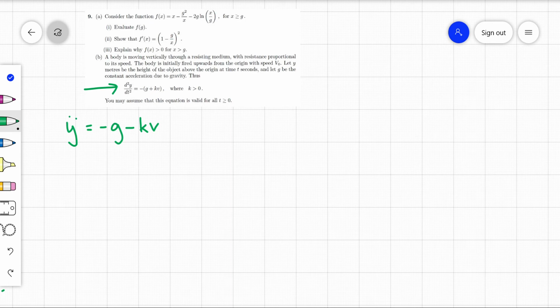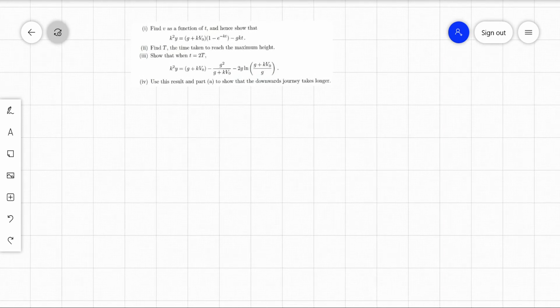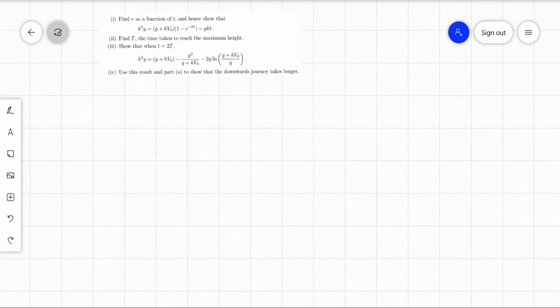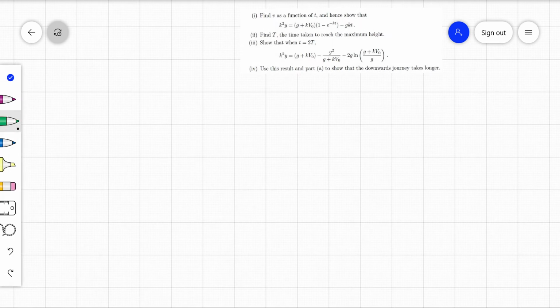All right, so if we're looking for, let me just move this over. Here we go. We're finding v as a function of t. I'll just put that over there. So if I go back to that equation, I've got y double dot being minus g minus kv.